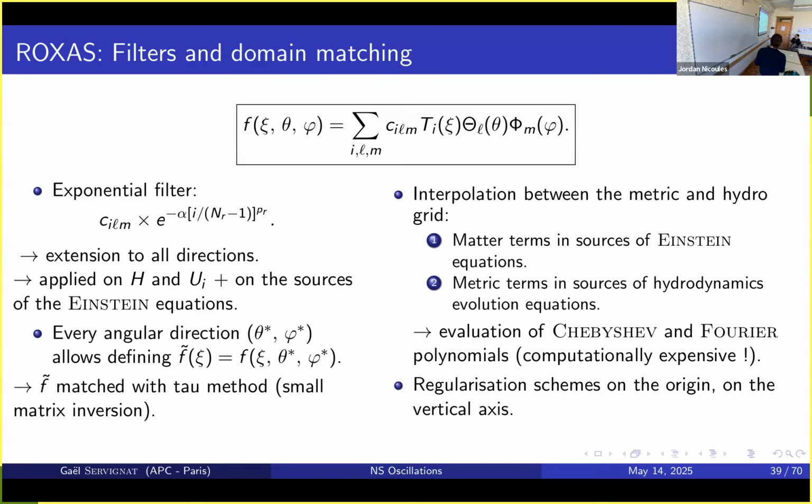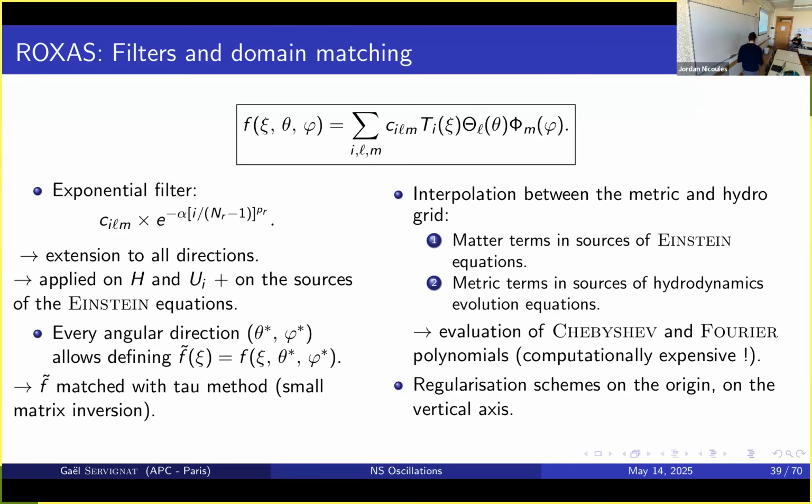Basically, you apply an exponential filter that will smooth your spectral representation because you want exponential convergence. So in log scale, you need to have something straight, and this is what the filter does. We also have to introduce a regularization scheme.